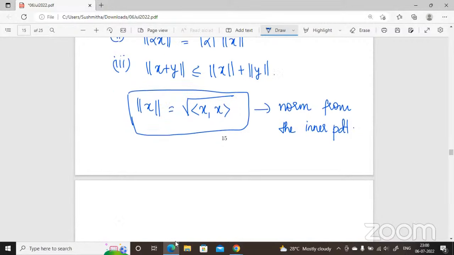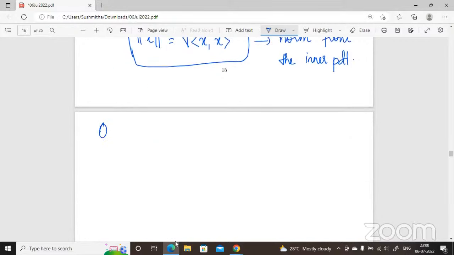And then, using the inner product, we have orthogonal vectors. Two vectors are orthogonal if their inner product is 0. In R2 or R3 or anything, orthogonal means perpendicular. Two vectors are perpendicular if the angle is 90 degrees, which means the dot product is 0. Generalizing that concept, orthogonal vectors have inner product 0.